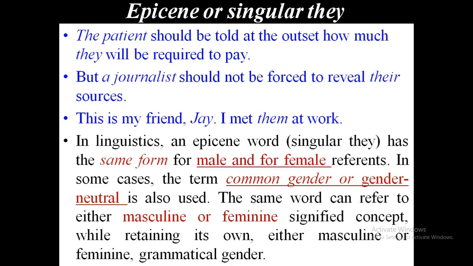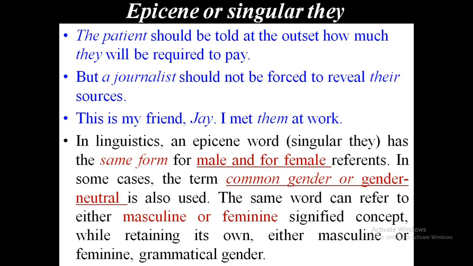In some cases, the term common gender or gender neutral is also used. So the same word can refer to either a masculine or feminine signified concept, while retaining its own grammatical gender, either masculine or feminine.